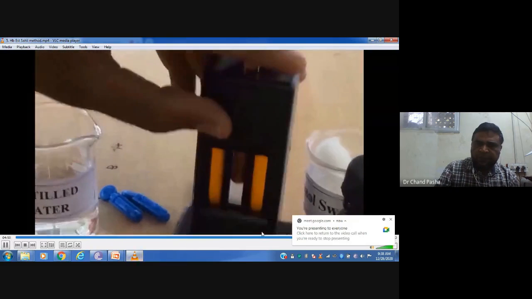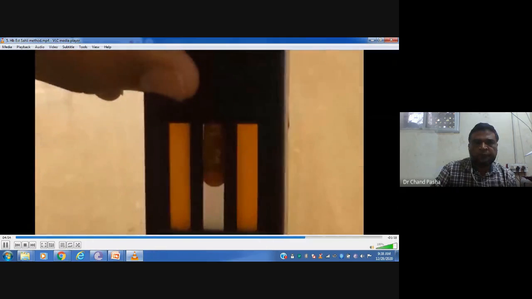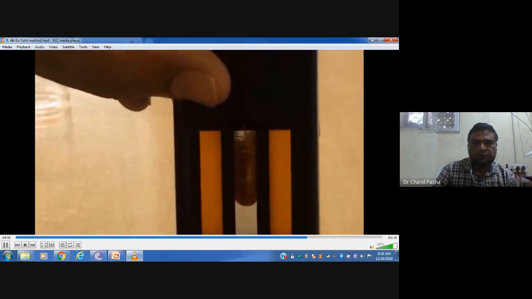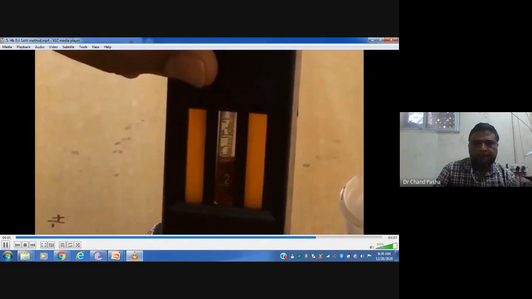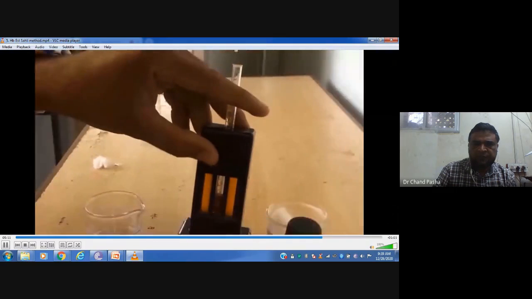So it is now being diluted. It is being diluted over there with the distilled water to match the color.